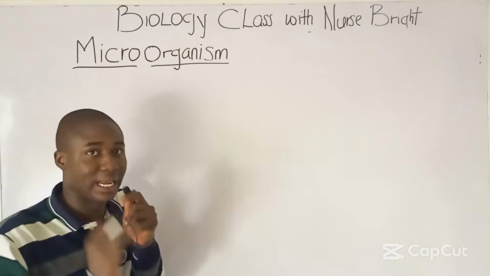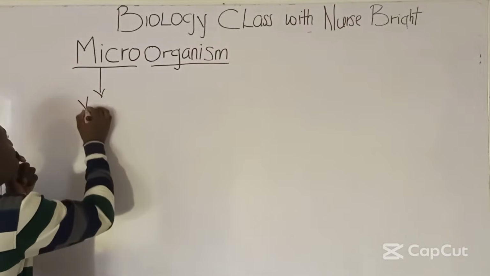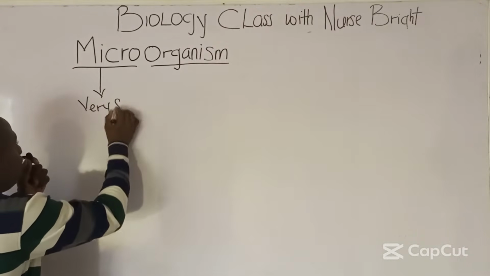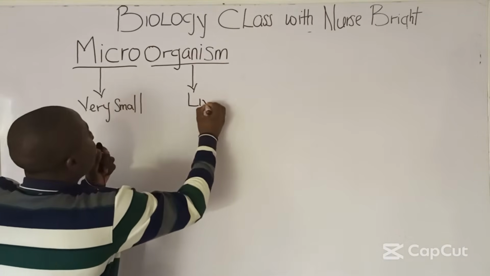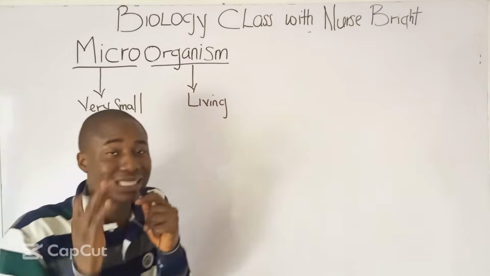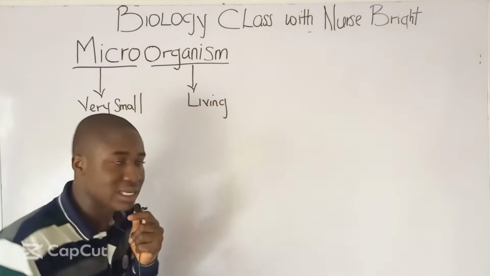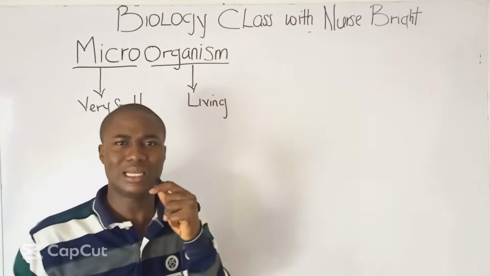This must be noted. Micro simply means very small, whereas organism simply means living. So, bringing these two words together, we simply say a microorganism is a very small living organism.